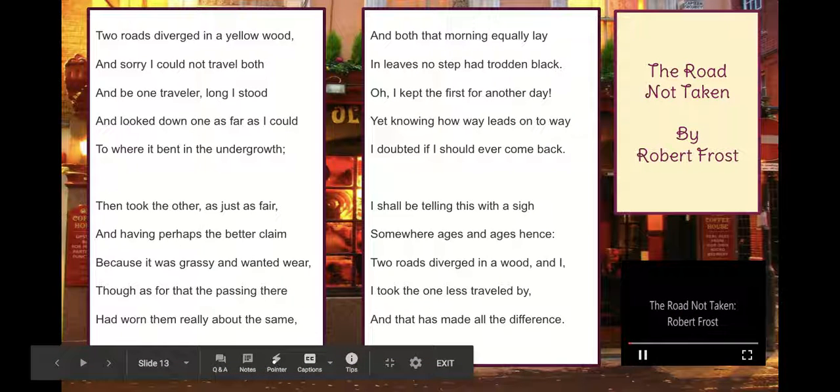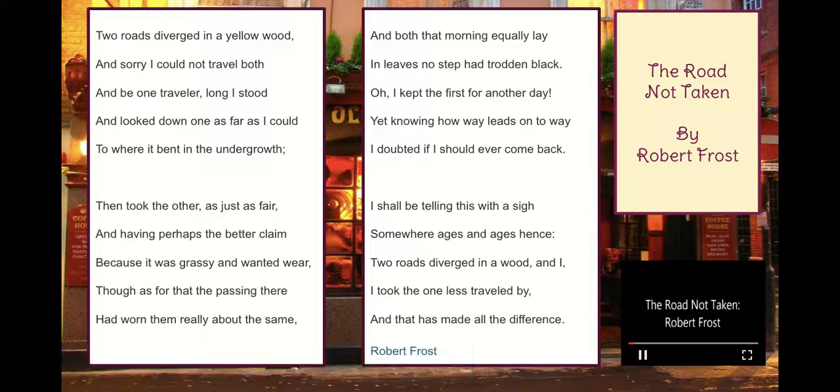The Road Not Taken by Robert Frost. Two roads diverged in a yellow wood, and sorry I could not travel both and be one traveler, long I stood, and looked down one as far as I could, to where it bent in the undergrowth. Then took the other, as just as fair, and having perhaps the better claim, because it was grassy and wanted wear, though as for that the passing there had worn them really about the same.